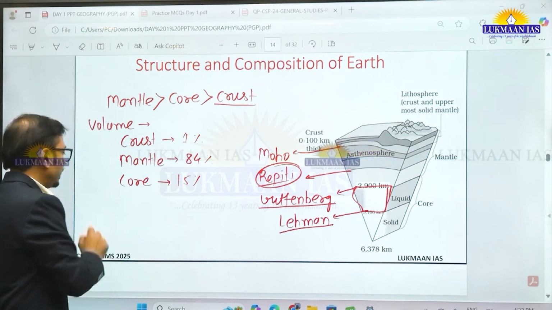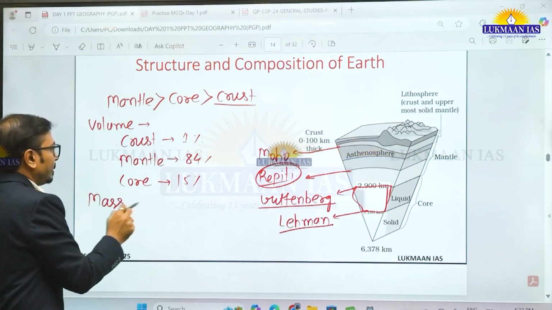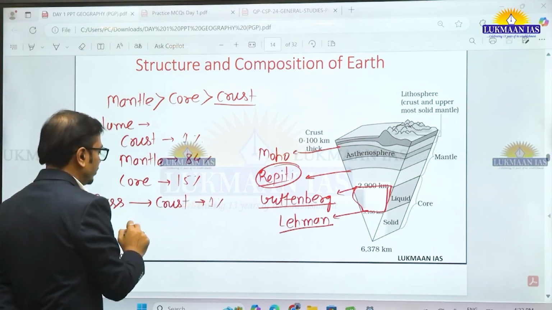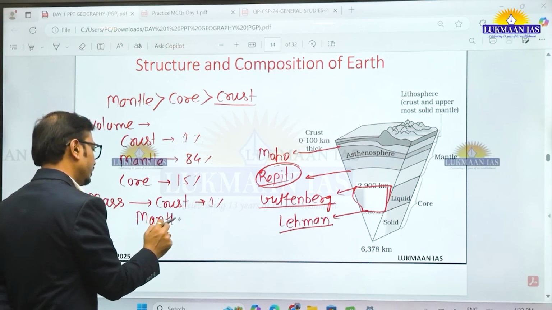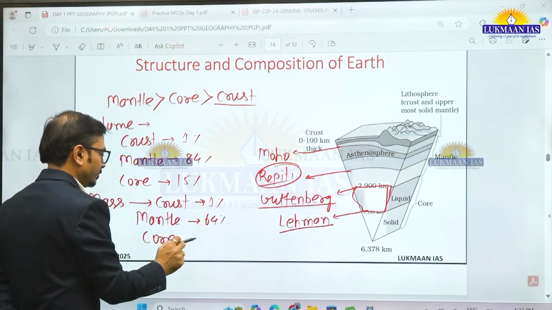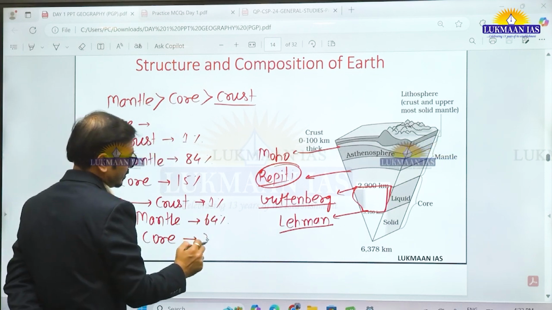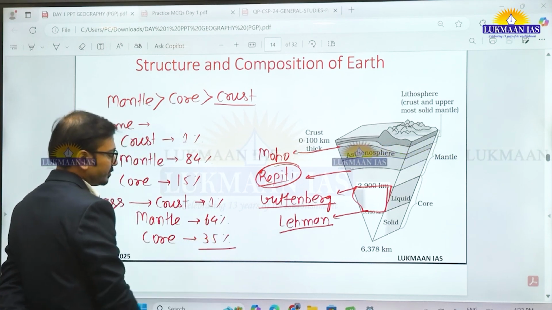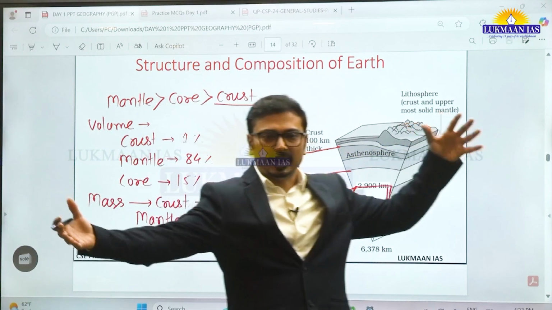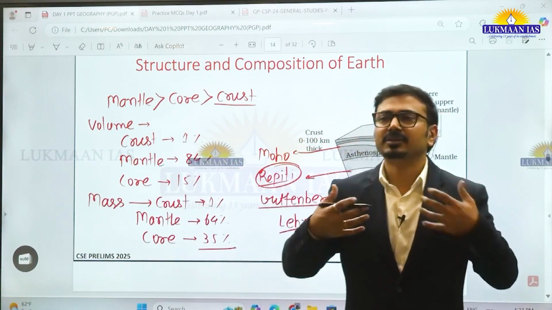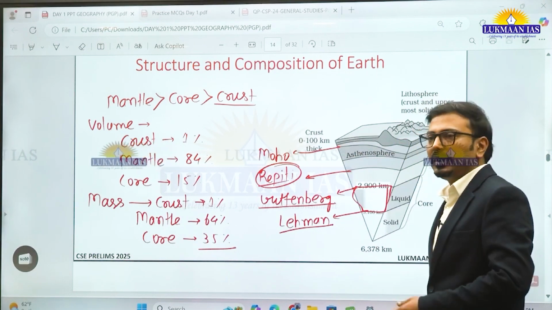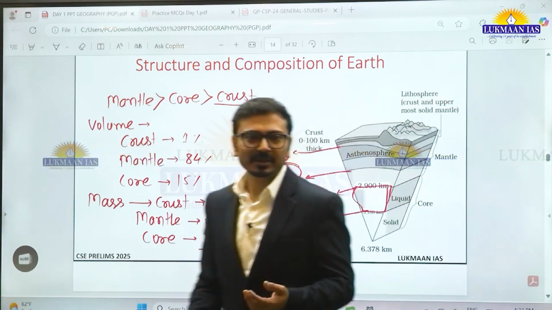Okay, and regarding mass, again crust is around 1%, mantle 64%, and core is about 35%. So mantle is larger as well as heavier, okay, as compared to, and crust is very small comparatively.